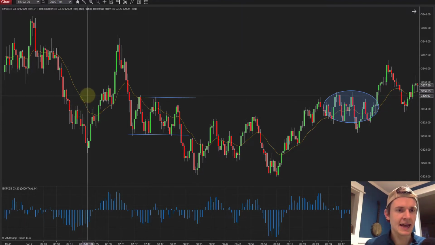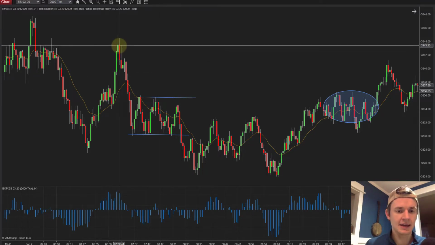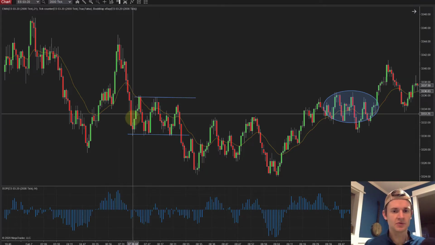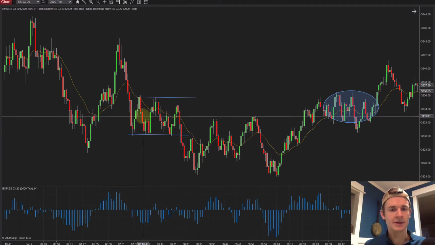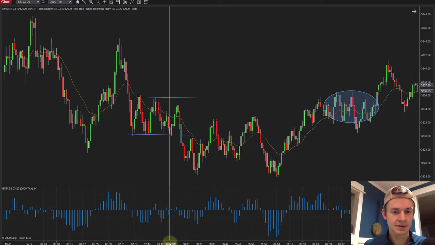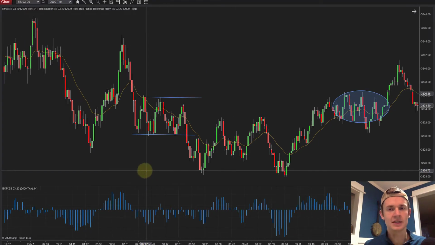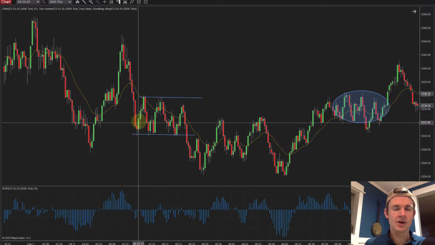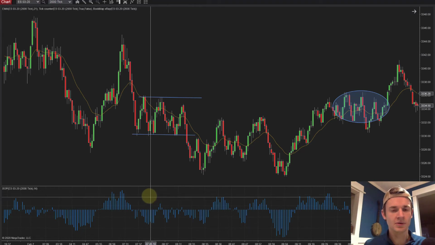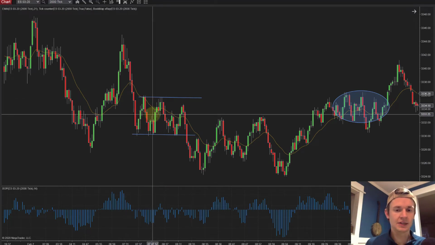And so at the beginning of this day, and we're on the ES 2000 tick, by the way, around 7:30, you have this big drop, and then it starts consolidating. Well, we saw in the last day that we covered that maybe this is one of the best places for the balance of power. So as it's consolidating, you don't know if price is going to go up or down, but the balance of power is showing you really weak signals.